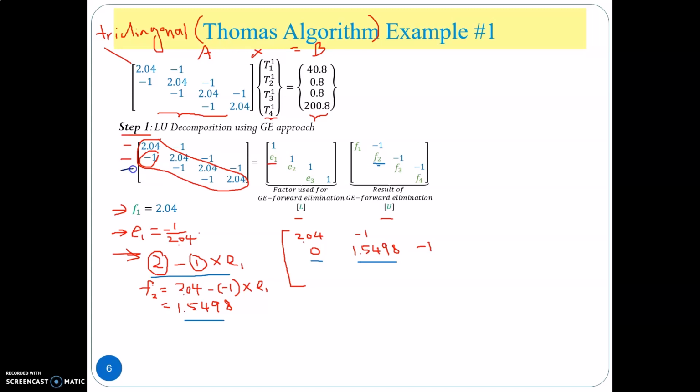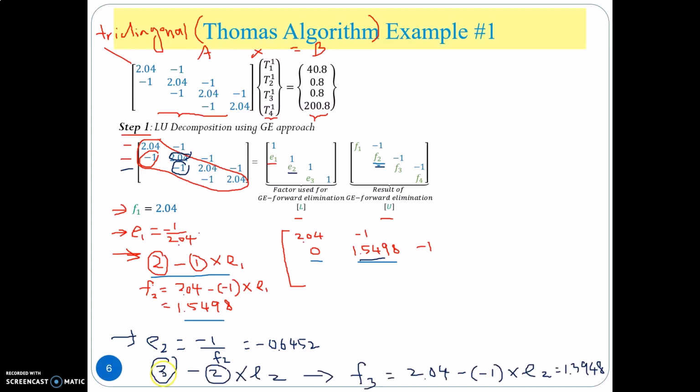Then we continue with row 3 here. To make -1 equal to 0, we need the factor E2, where E2 is equal to -1 divided by this component. So we cannot use 2.04 because it has been changed to 1.5498, which is the F2. So you take -1 divided by your F2, and you should get this answer for E2.